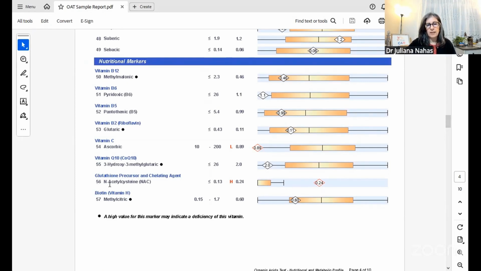However, if you look at NAC, which is a precursor to glutathione, and glutathione is your master antioxidant, it's even more powerful than CoQ10 or vitamin C alone, that level is elevated, right? And it may be that this person is supplementing with NAC, because you're seeing that that marker is elevated here.